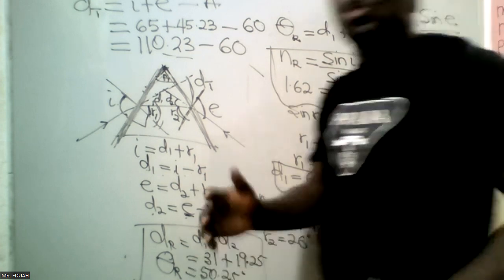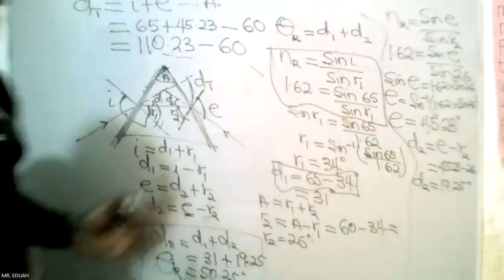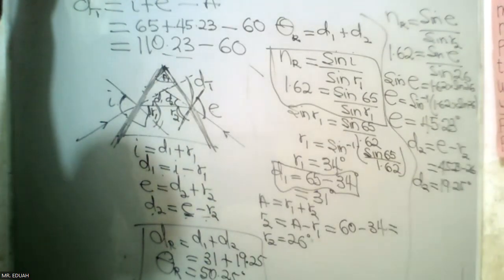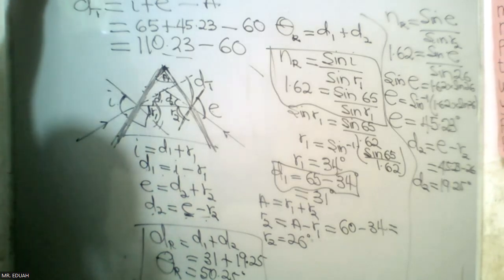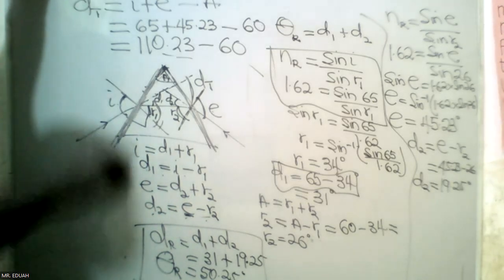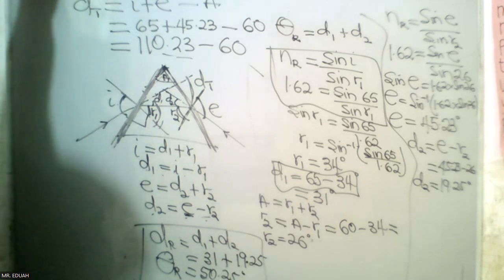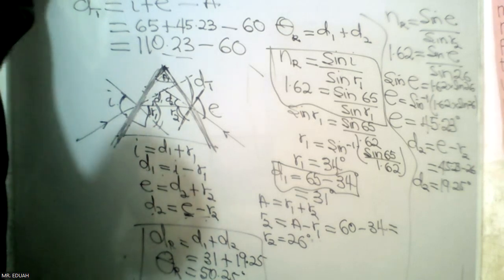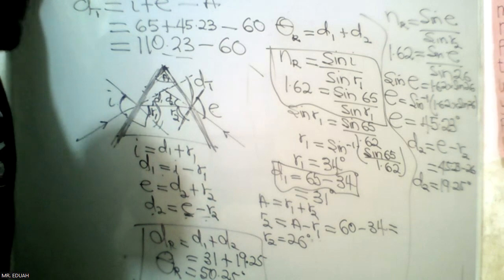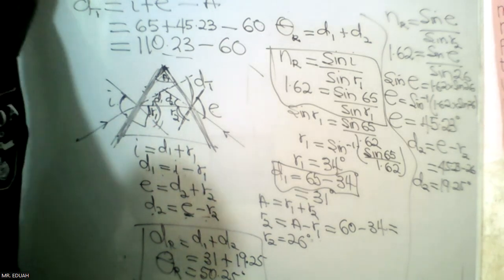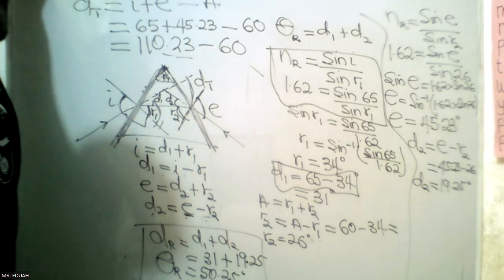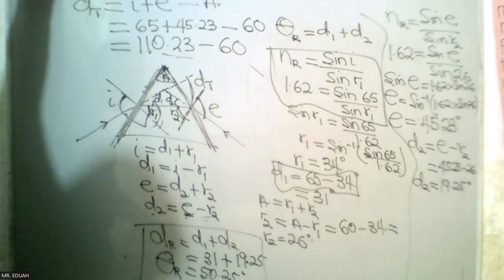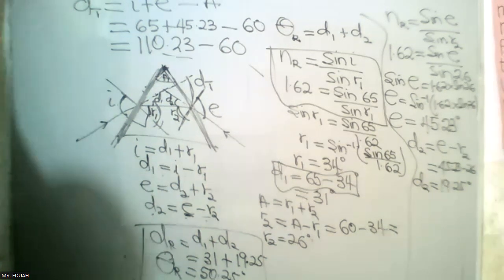So when you compare two different colors of light, they will have different frequencies because they have different wavelengths. But when you transmit one color of light from one medium to another, the frequency will not change. Frequency of light does not change from one medium to another. But when you compare frequencies of different colors of light, they will be different.